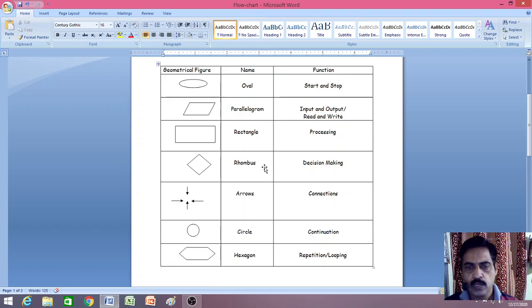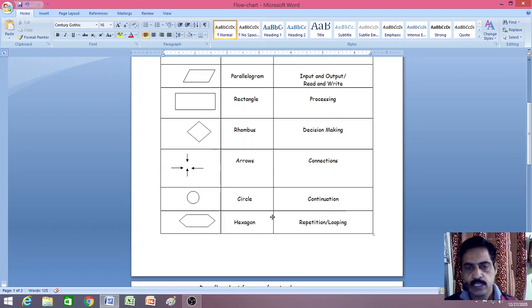One is true, another one is false. Next is arrows. The arrows are used to connect each flowchart symbol, and also show the flow of direction, from where to where the flow is going.